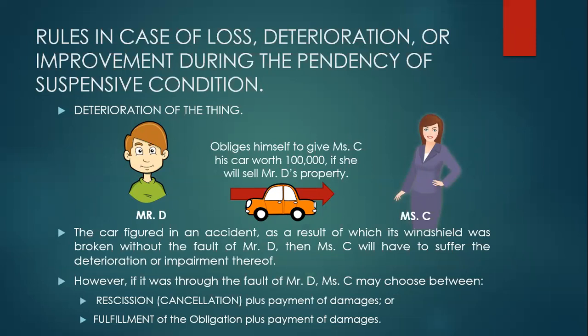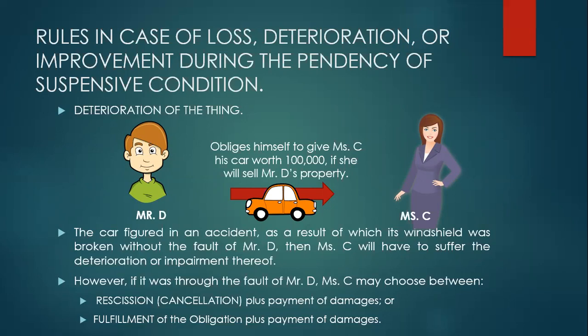Now, what if the thing deteriorates during the pendency of the suspensive condition? For example, Mr. D obliges himself to give Miss C his car worth 100,000 if she will sell Mr. D's property.